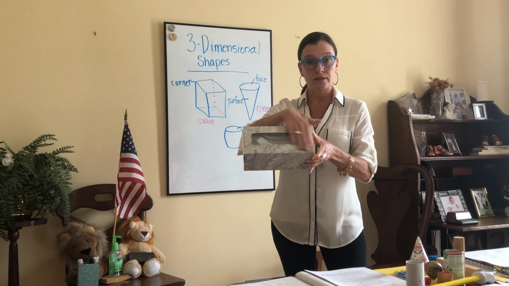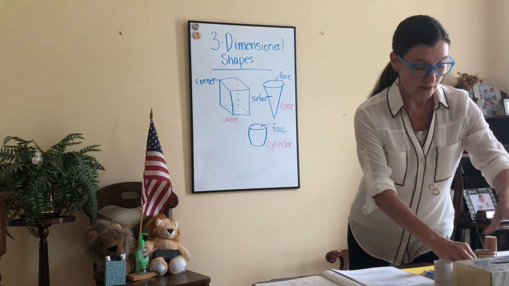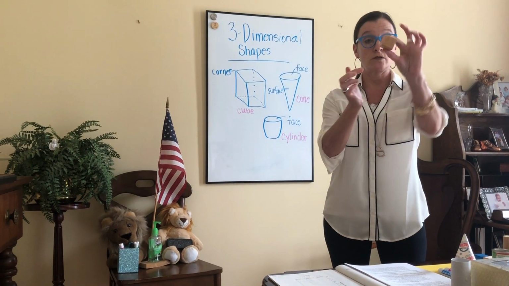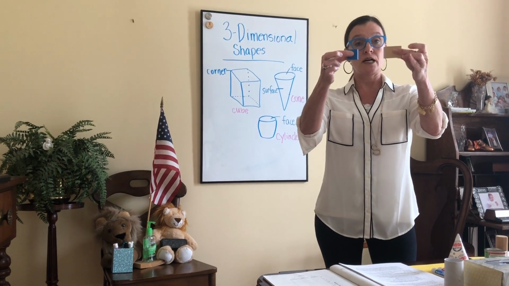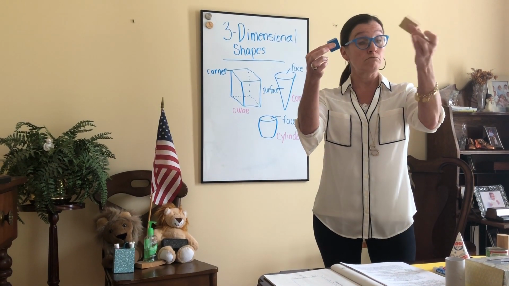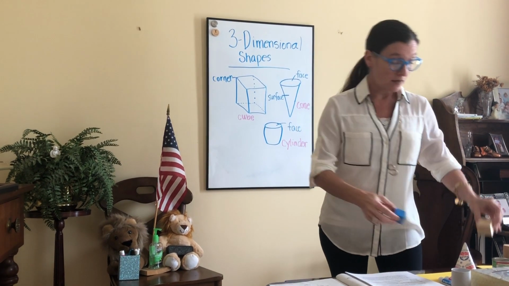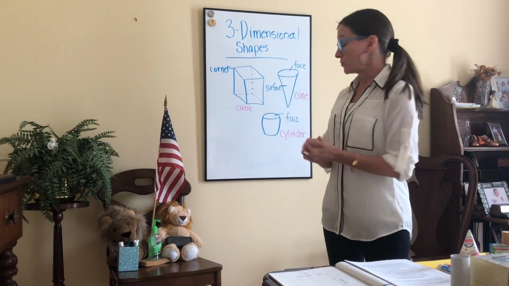And the face is the shape of the object. For instance, this is the face of the cube because you know these are the same size. I have a couple of different size cubes, and these would be non-defining attributes. One's blue, one's just wood color, one's a little bit smaller than the other, but they are the same shape. They are a cube, just like we drew up here.